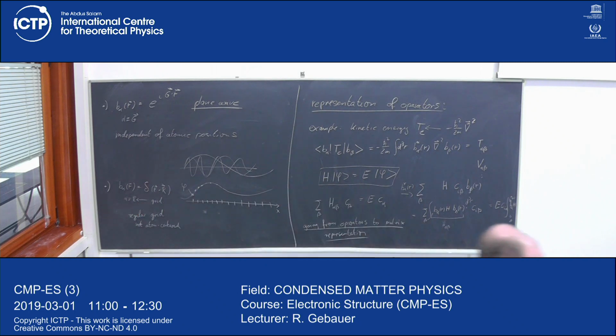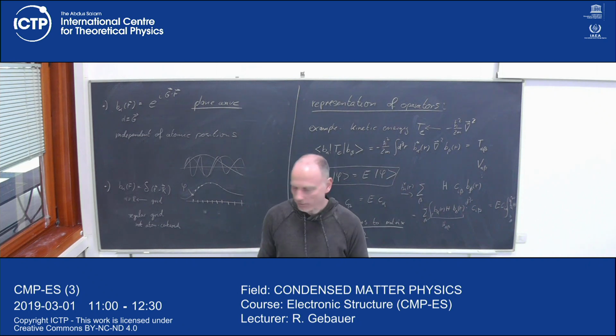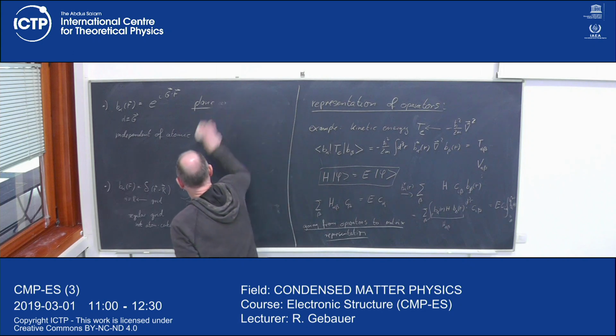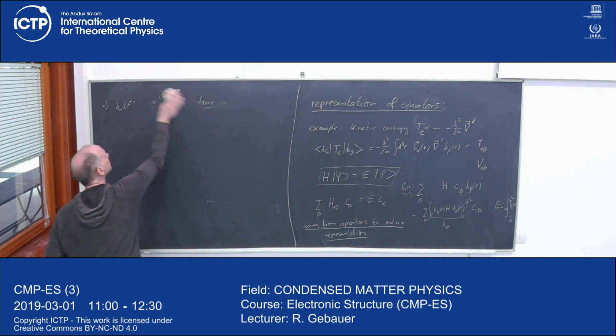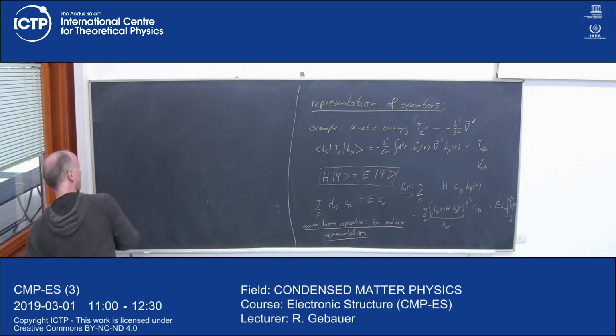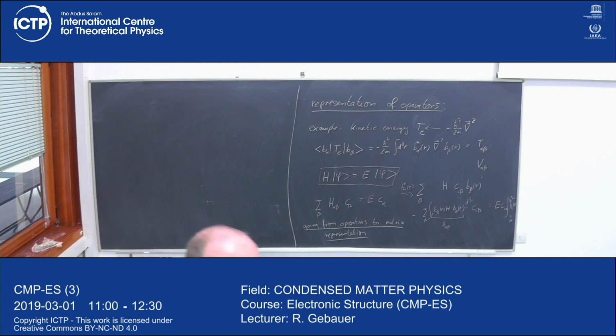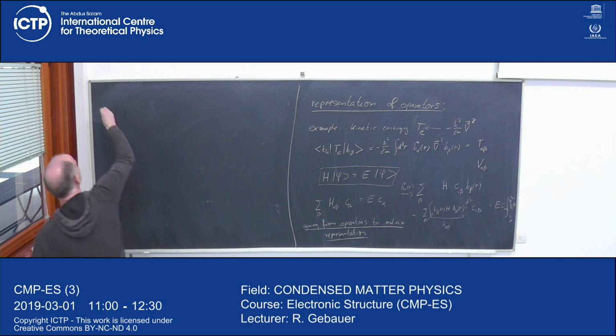Good. So now we know how we want to write the single particle orbitals which go into our Slater determinants. Now comes the funny thing. How many different orthonormal single particle orbitals can we write?